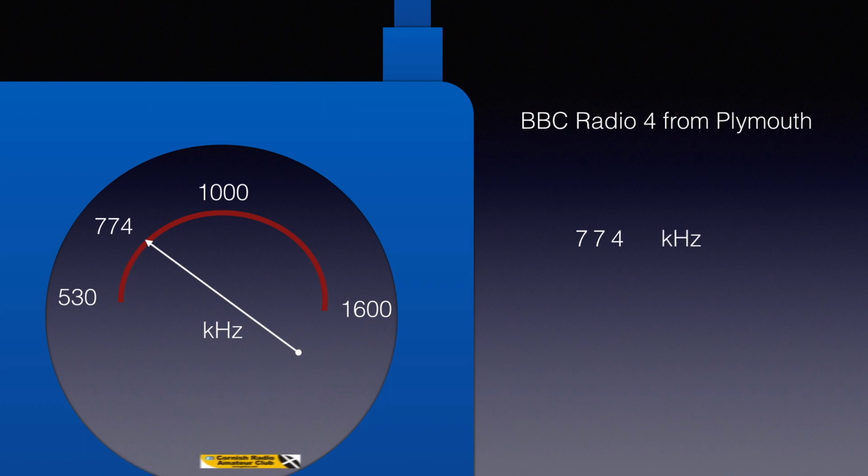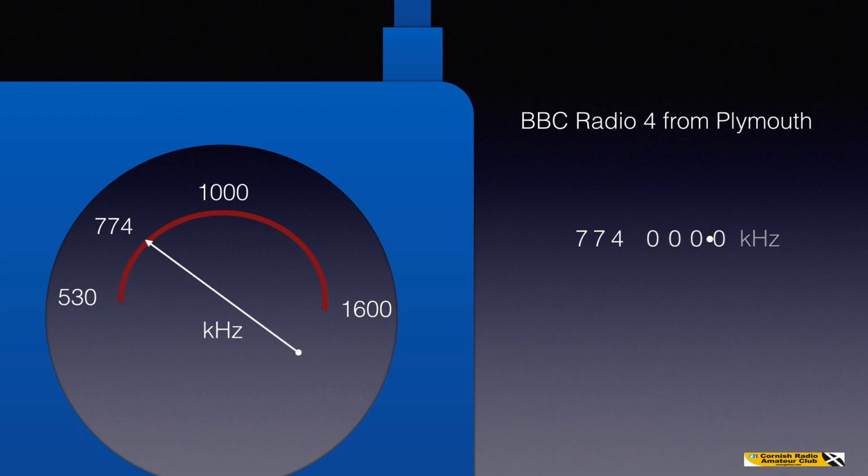Well, we can rewrite 774 kilohertz as 774.0000 and as many zeros as we like, because that doesn't change the value. This is just a convenience method of doing it, if you like. We can take the decimal point then, and because it's kilohertz, an easy way to multiply by 1,000 is to hop 1, 2, 3 places to the right.